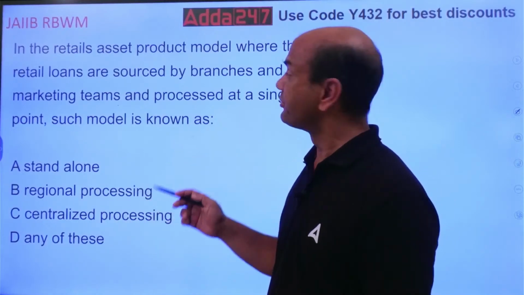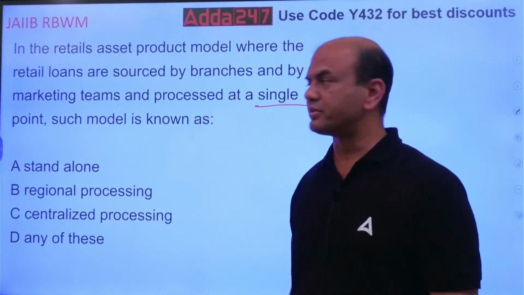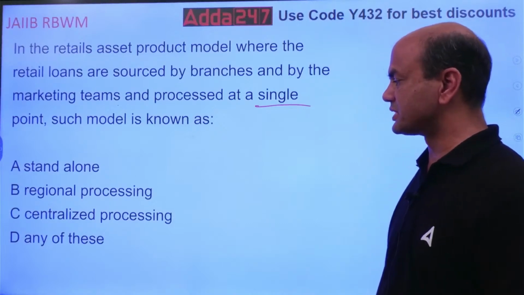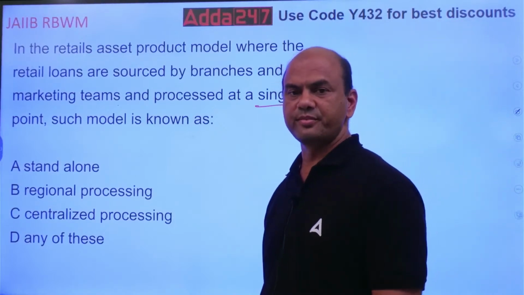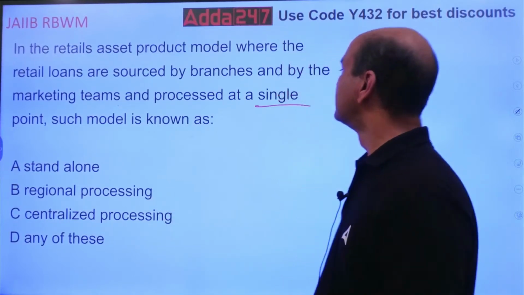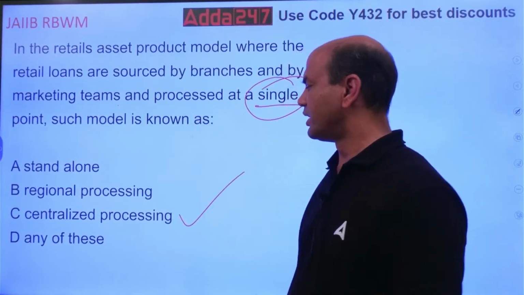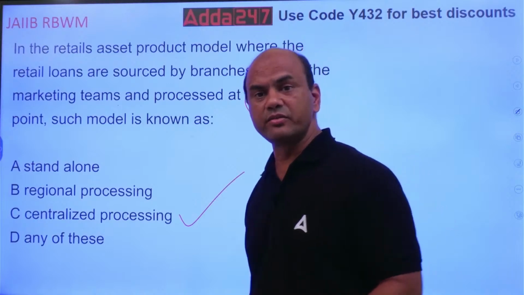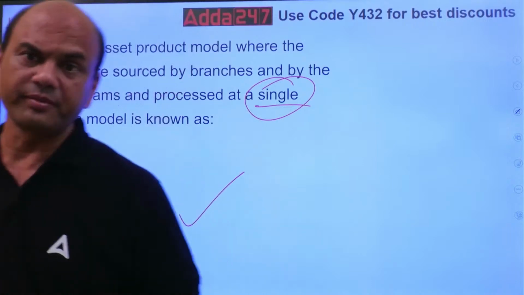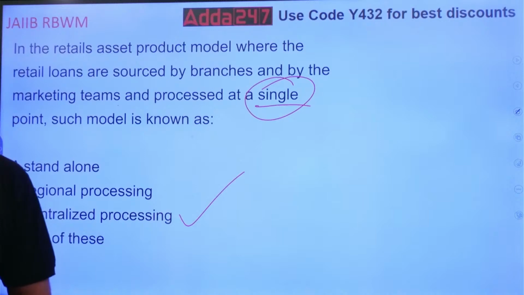Now, processed at a single point means processed at a CPU. So it is known as what model? Standalone, regional, centralized processing? Single means CPU. If it would have been regional, with various 3-4 points, then it is regional. So here it's called single. Single means CPU.